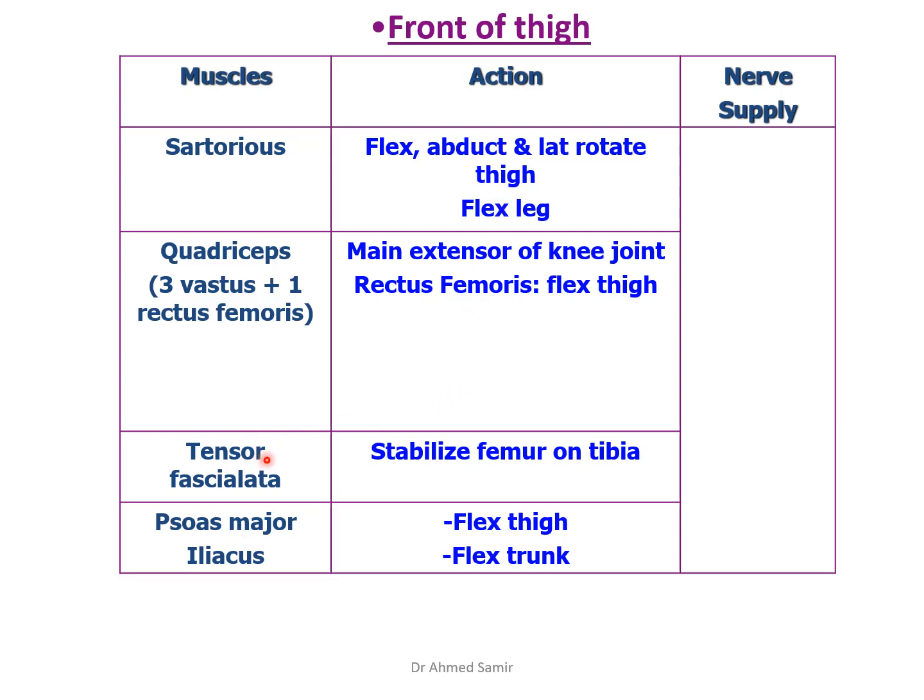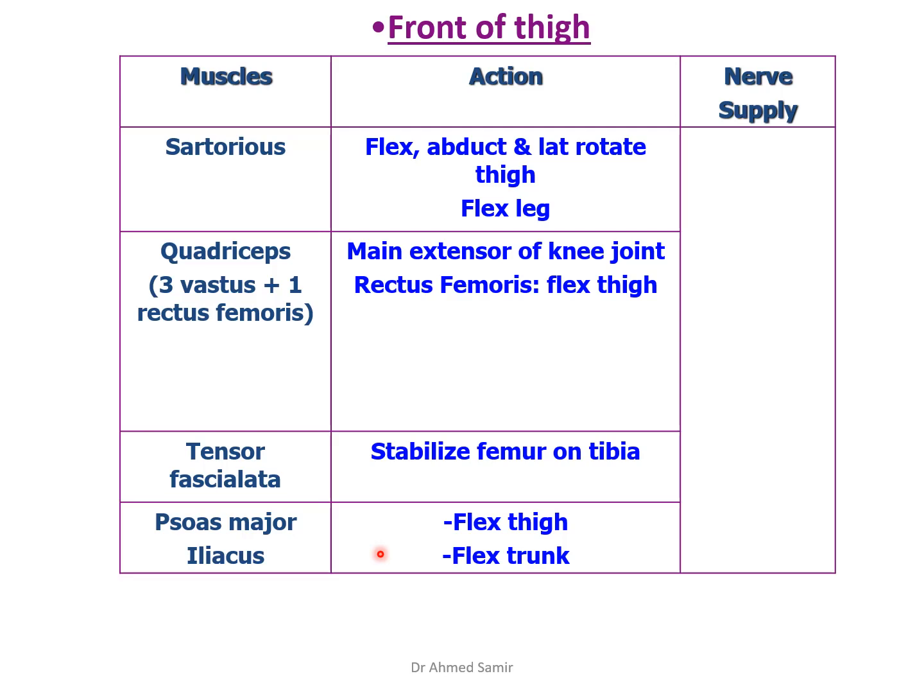The sartorius gives the cross leg position, which is flexion, abduction, and lateral rotation of the thigh, and flexion at the knee. Tensor fascia lata tenses the iliotibial tract to stabilize the femur on the tibia.